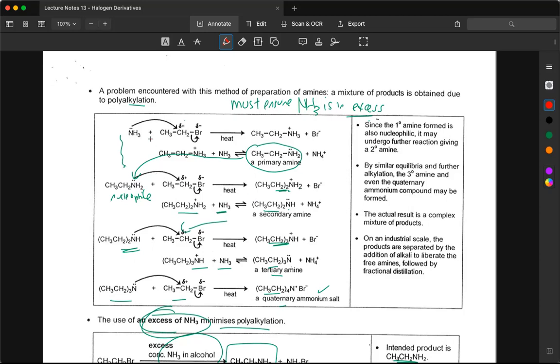If you look at the mechanism, normally when we draw the arrows in a mechanism, they go from the electrons towards the positive. So this is like this. When this attracts, this will go this way. One attracts here, the other has to go the other way, and then you form this.